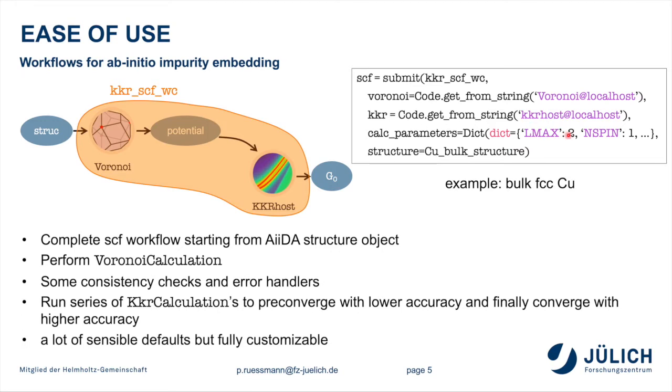With this parameter, we can, for example, set how accurate our calculation should be, or if you want to do a spin resolved or paramagnetic calculation. And of course, we have to give the AiiDA structure, which I have prepared for this example.